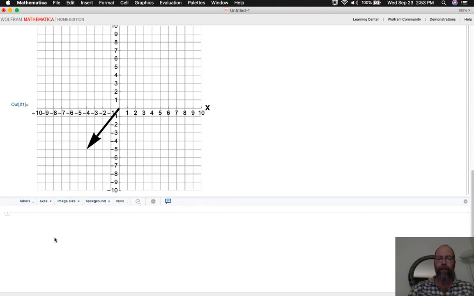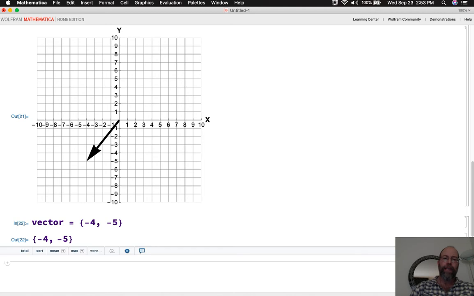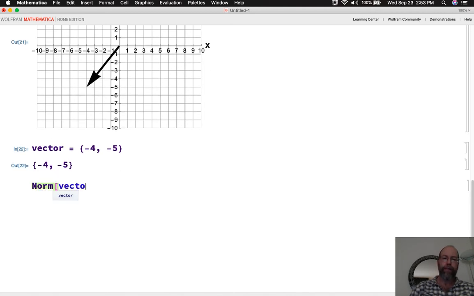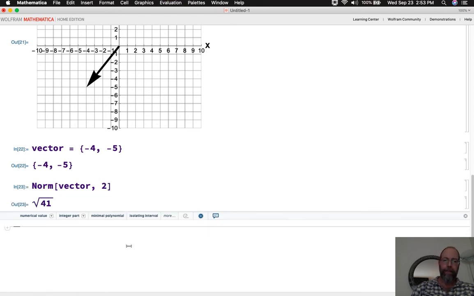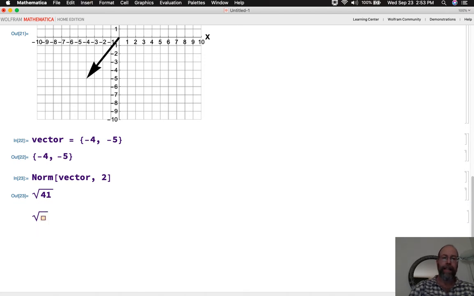So my vector is simply going to be -4, -5. It's actually -4 minus 0, -5 minus 0, but that's the same as -4, -5. So that's my vector, right? The norm of the vector, it's called the 2 norm of the vector, is the square root of 41. Or I could do it this way.